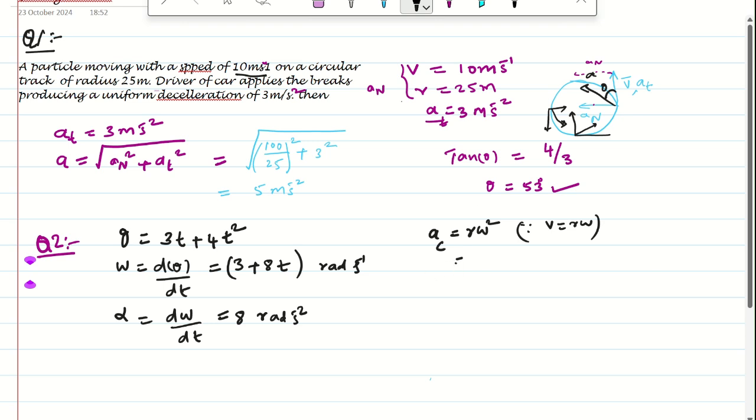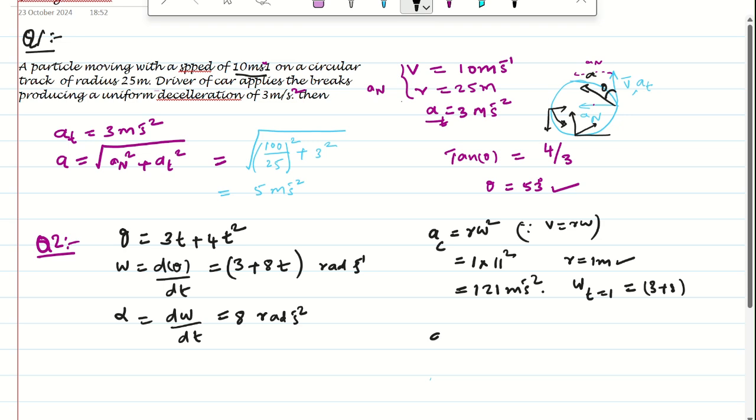Here r is the radius, and suppose the radius is given as 1 meter. Therefore 1 into omega square. Omega square means (3 plus 8t) whole square. At t equal to 1, omega is equal to 3 plus 8, which is 11. So 11 square is 121 meters per second squared.